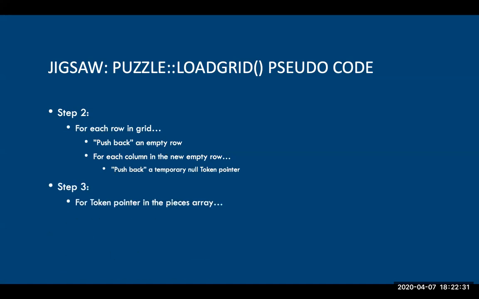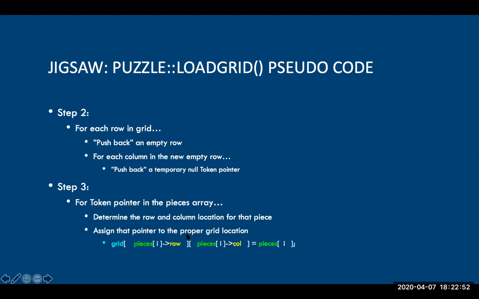And then later you can come back and, at random, plug pointers in as you walk through the pieces array one by one. And remember, because those pieces are in random order, you may very well need to create all of your rows and columns up ahead. But if you can come up with a more clever way to do these all in one step, that's totally fine. But as a thought exercise, you might want to think about this.